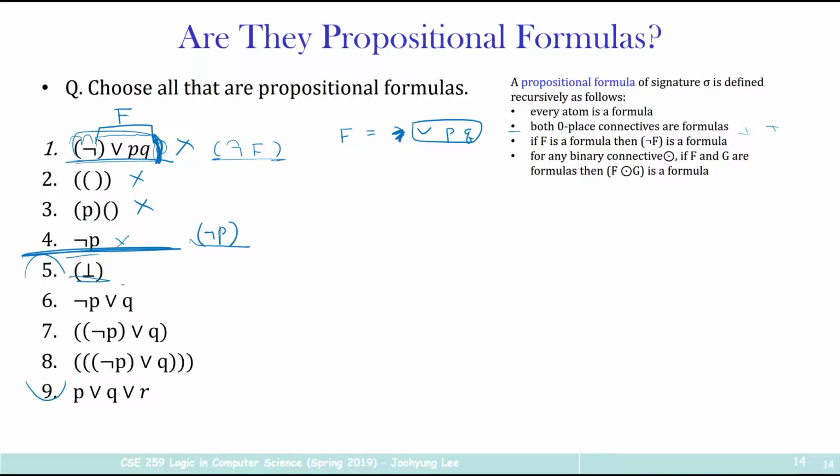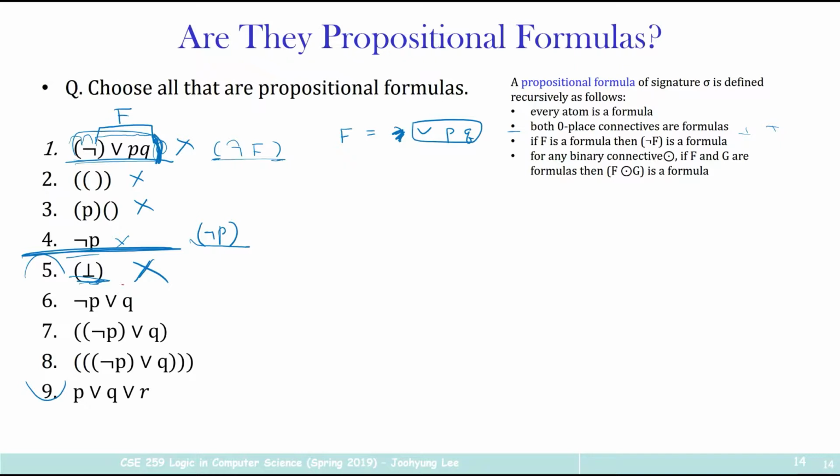What about the third case? In order to have the third case, you must have a negation, but this one doesn't have any negation. For the fourth case, it should have a binary connective, and it doesn't have one. So this is not conforming to any of the patterns here. If you write a program that checks the syntax of the formula and run it on this, it's a syntax error.